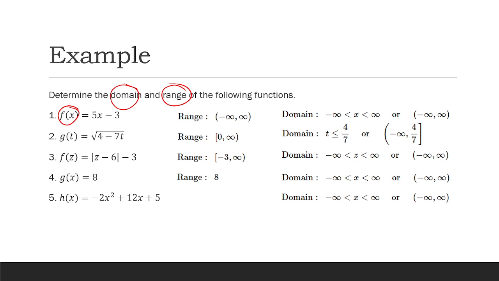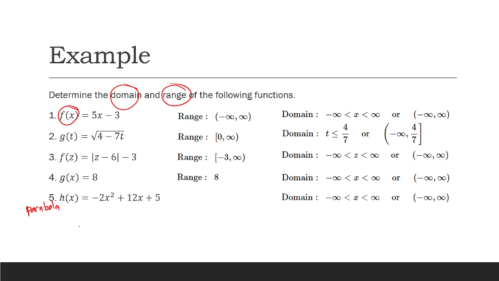So for this one, we also have no restrictions when it comes to the domain. But we will have restrictions in our range. Now, where do the restrictions in our range come from? If we go back to our analytic geometry, this quadratic equation is actually the equation of a parabola.